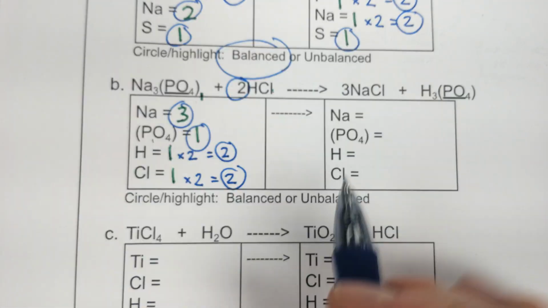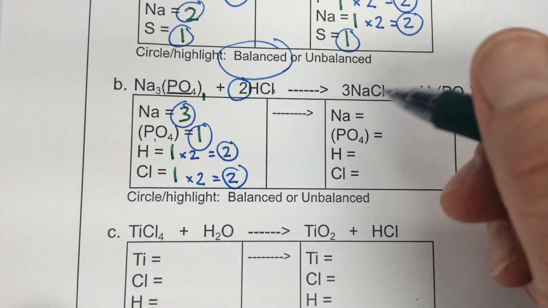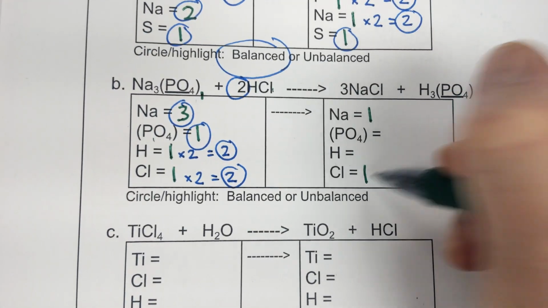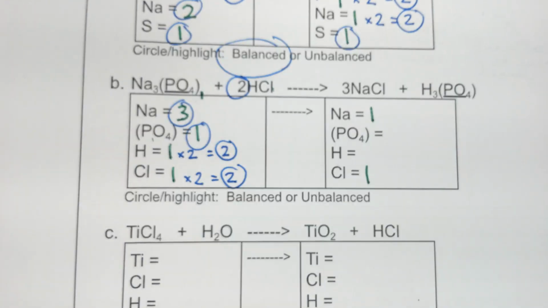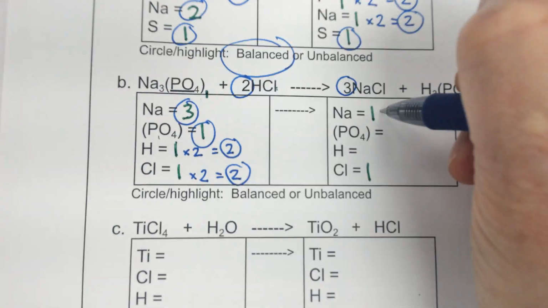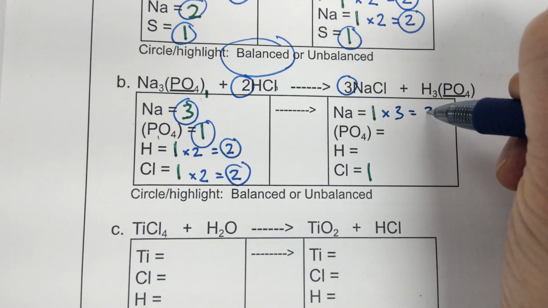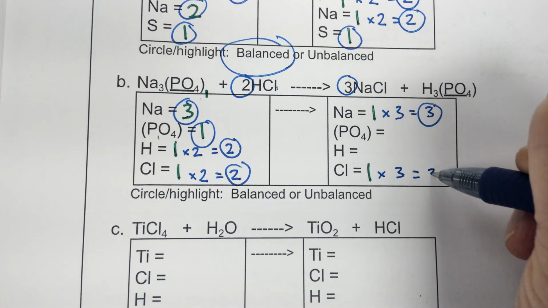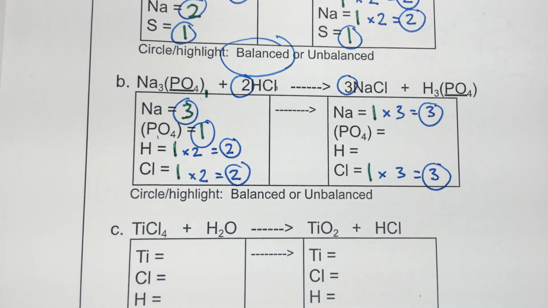All right, now I go to the product side, and Na is equal to 1, Cl is equal to 1. I've got a coefficient of 3, so I'm going to multiply both of these times 3. And I'm done with that one.